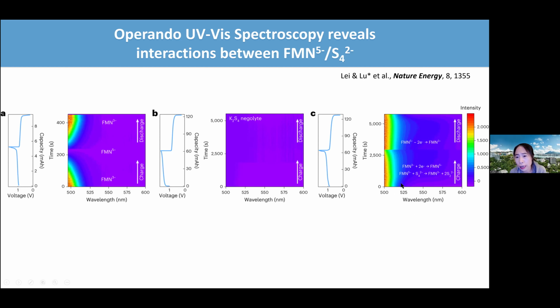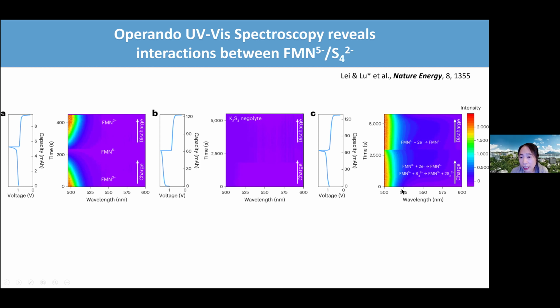So first of all, as we charge the cell, initially you will see FMN to reduce from 3 minus to 5 minus, and you will see the color reducing. But in the case where you have S4 2 minus, you will see that the FMN 3 minus will not decay as fast as the one just with the catalyst.